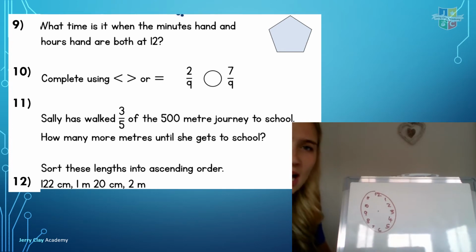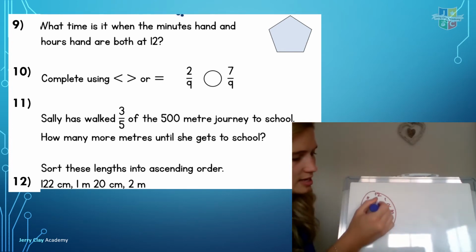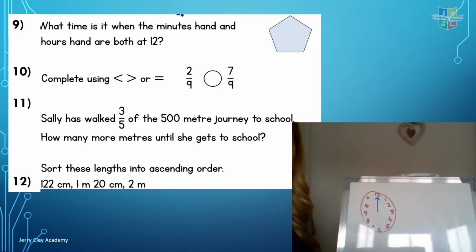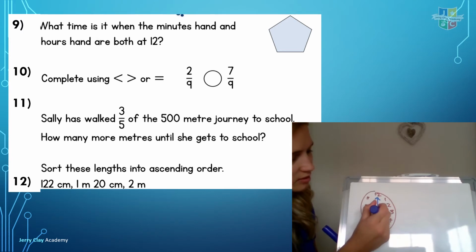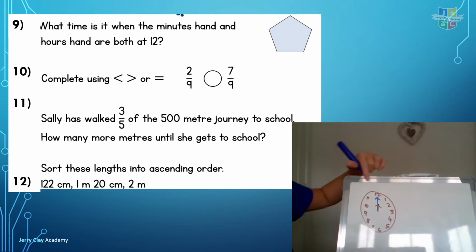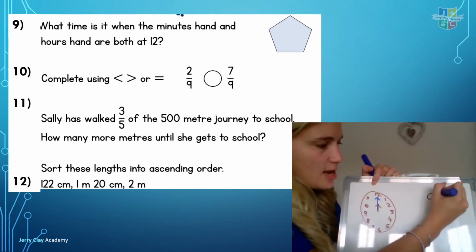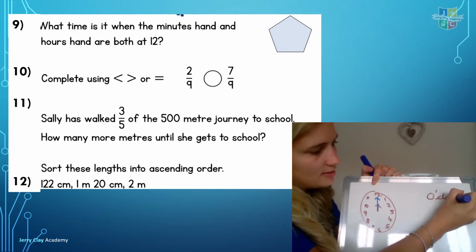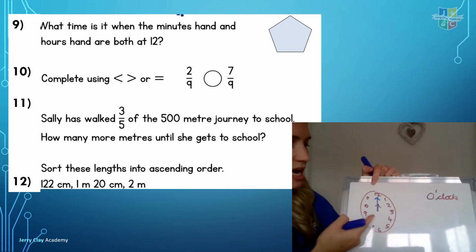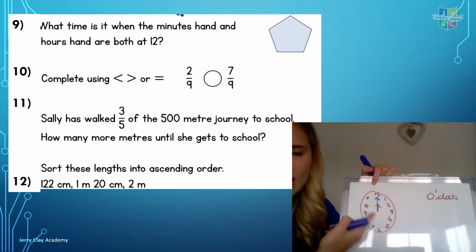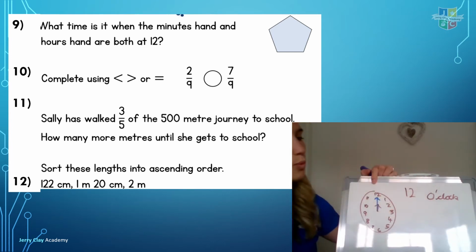Then for number 9, if the minute hand is pointing to the 12 and the hour hand is pointing to the 12, we know that when the minute hand is at the top, we would say it is o'clock. And if the hour hand is on the 12, we would say it is 12 o'clock.